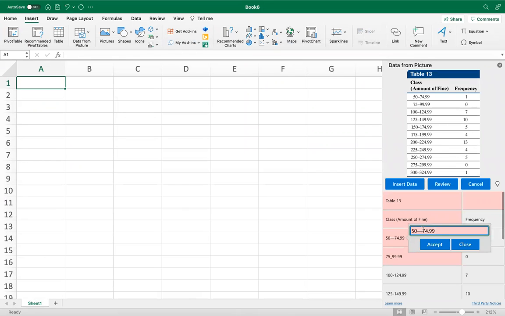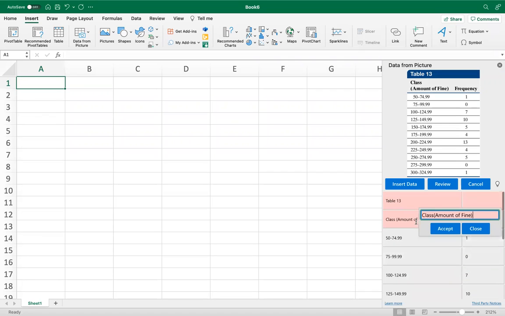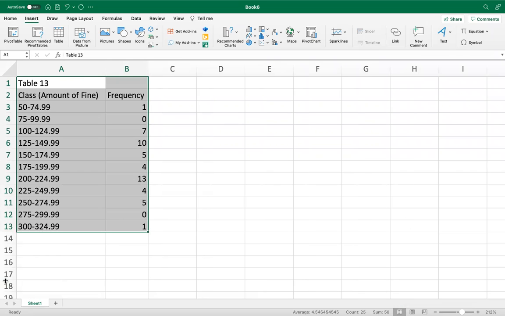This one looks a little funny, so let's go ahead and make it a tack mark. This one looks a little funny too. The rest look good. Don't really care much about that, but insert data anyway. All right, so here we have our classes and here we have our frequencies.